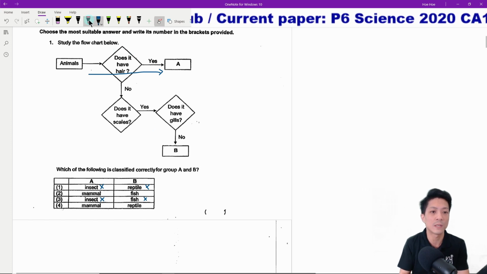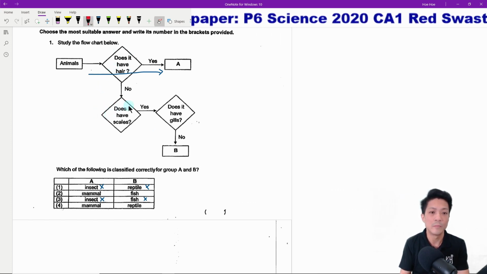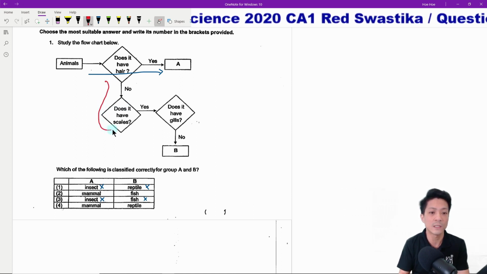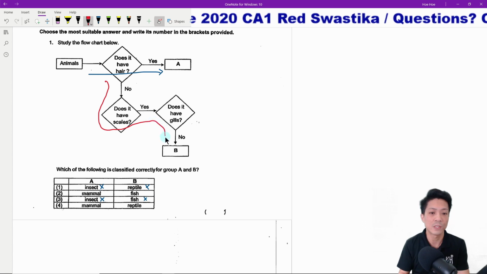So we can take a look at the next option, which is for group B. Group B will be animals that do not have hair. They have scales and they do not have gills. Fish have gills, so we are gonna eliminate option number 2, which means that we are only left with number 4.